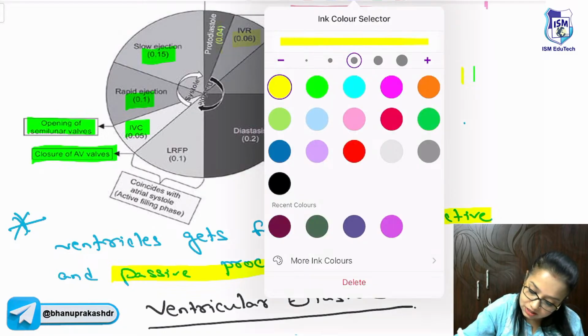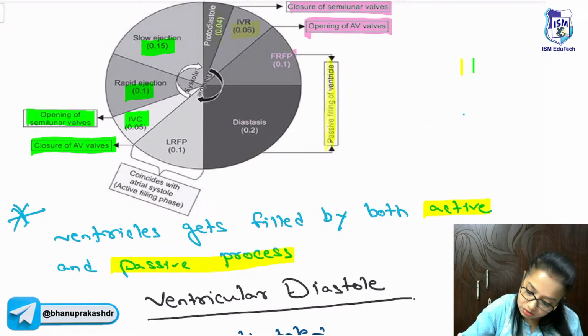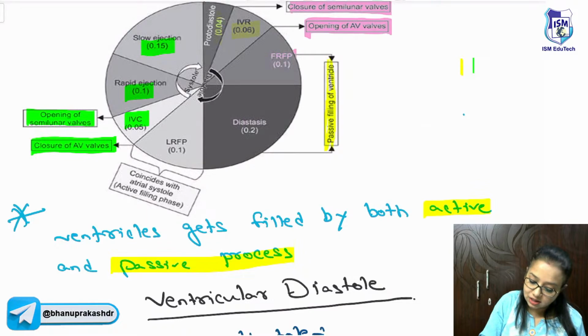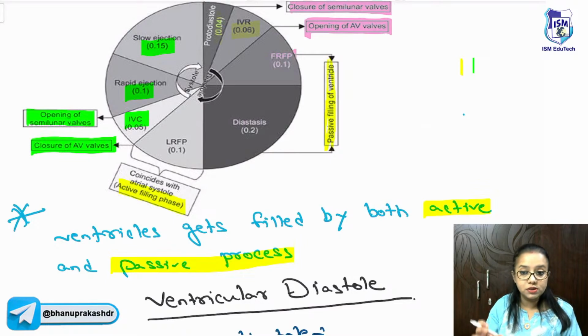Whereas the active filling is the atrial systole. So atrial systole overlaps with the ventricular diastole.